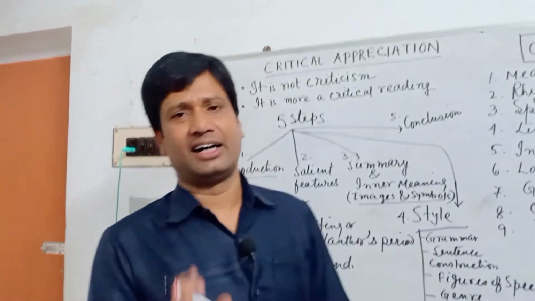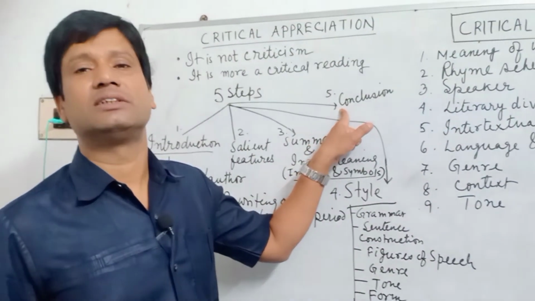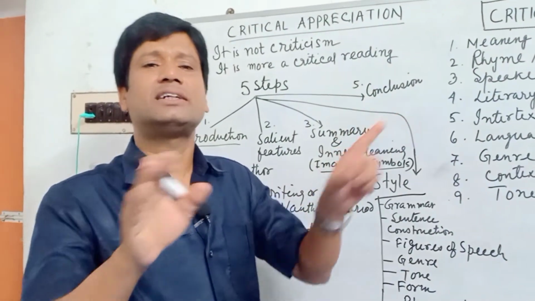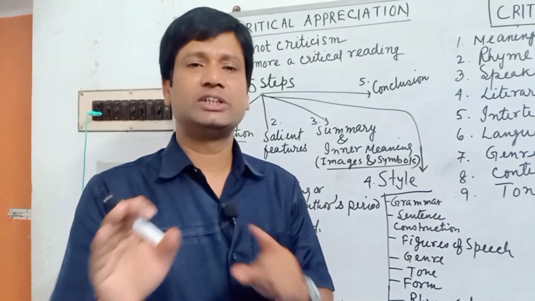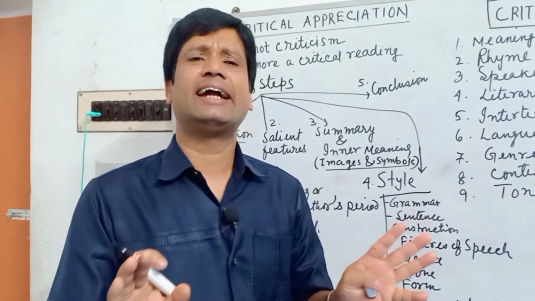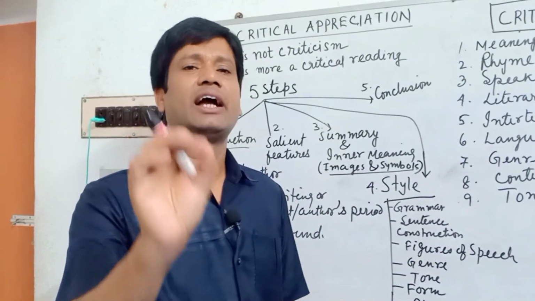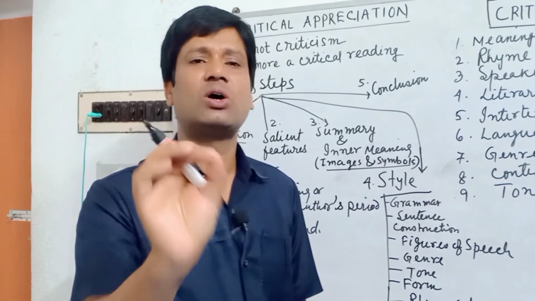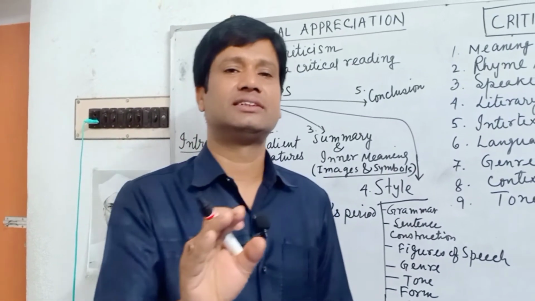And at last, you should write the conclusion: what you have learned in total, after going through the text, after reading it critically, now you should focus very shortly on what you have learned.